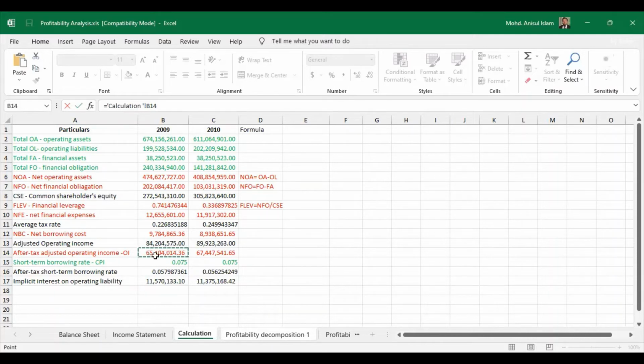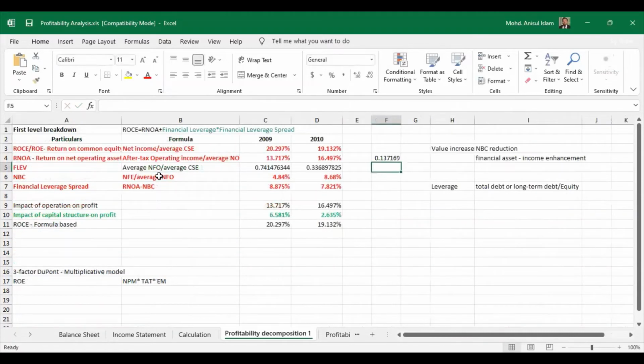Here you see we already have calculated it, and if we divide this number by the net operating asset, we have this number here. Okay, so how much is this percentage? 13.71 or 72%.